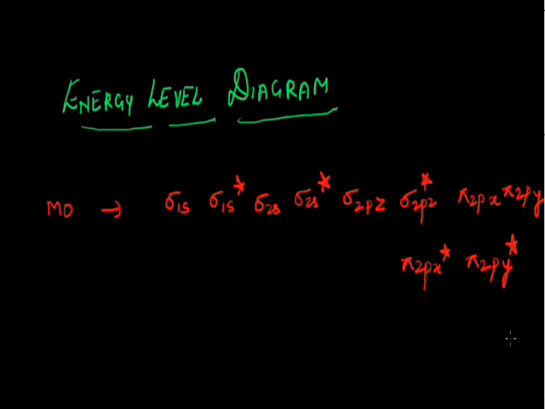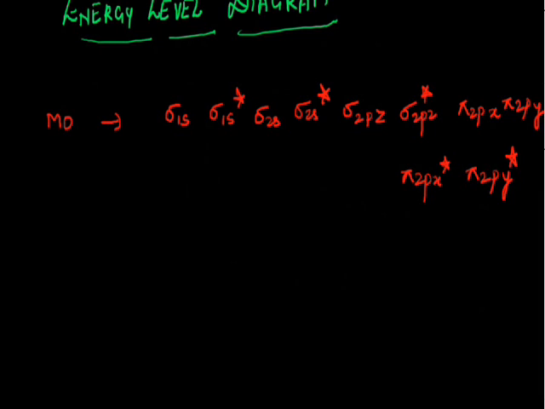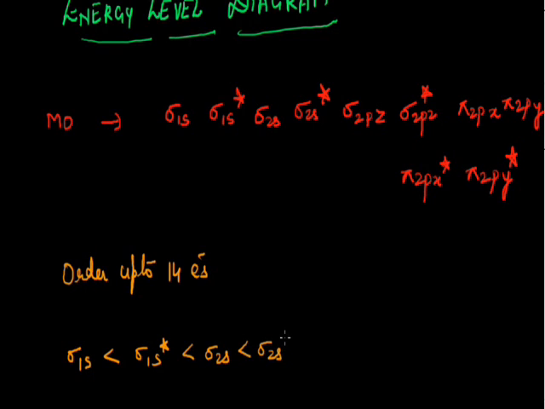Now if we arrange these molecular orbitals in the increasing order of energies so as to fill the electrons in them, then the order up to 14 electrons is sigma 1s, sigma 1s star, sigma 2s, sigma 2s star. Pi 2px is found to be equivalent to pi 2py in energy.